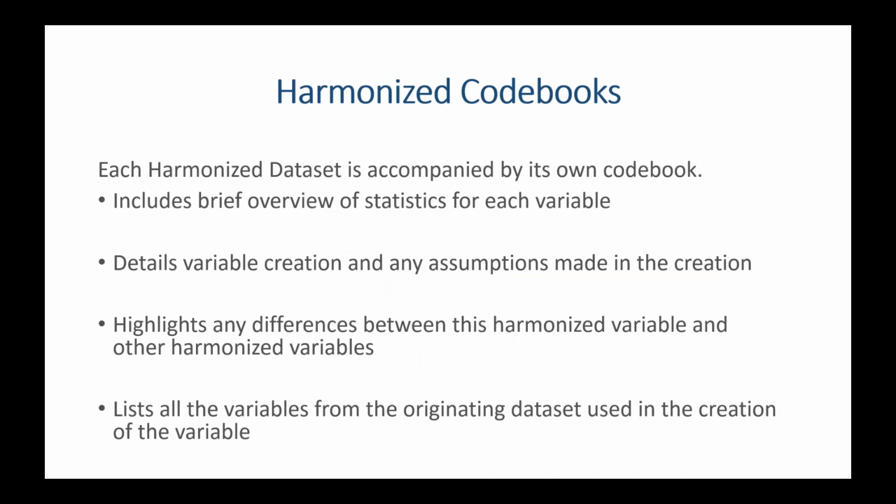And for all of this, we provide a lot of documentation. So each harmonized data set is accompanied by its own codebook. And the codebook includes a brief overview of statistics for each variable. It details variable creation and assumptions made in that creation. We want to be really transparent and clear about what we've done because we're making sometimes some complicated decisions, which if you're going to use this variable for your research, it's very important.